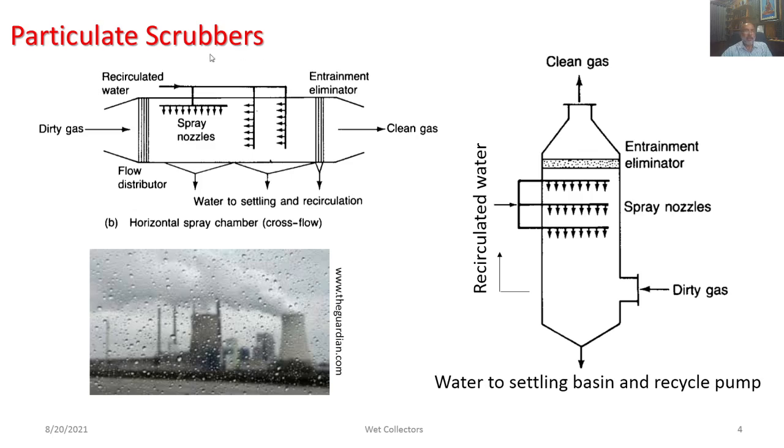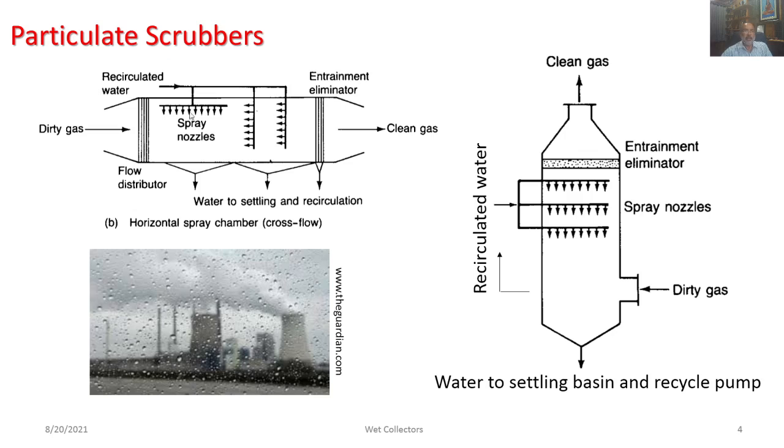As the sketch shows, the dirty gas is allowed to enter through certain flow distributors. There is an arrangement of spray nozzles which could be counter current, co-current or cross current.